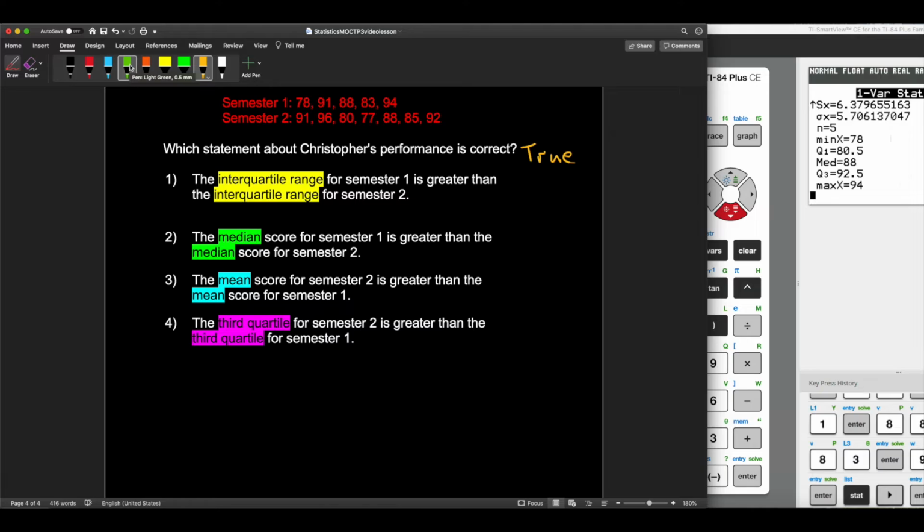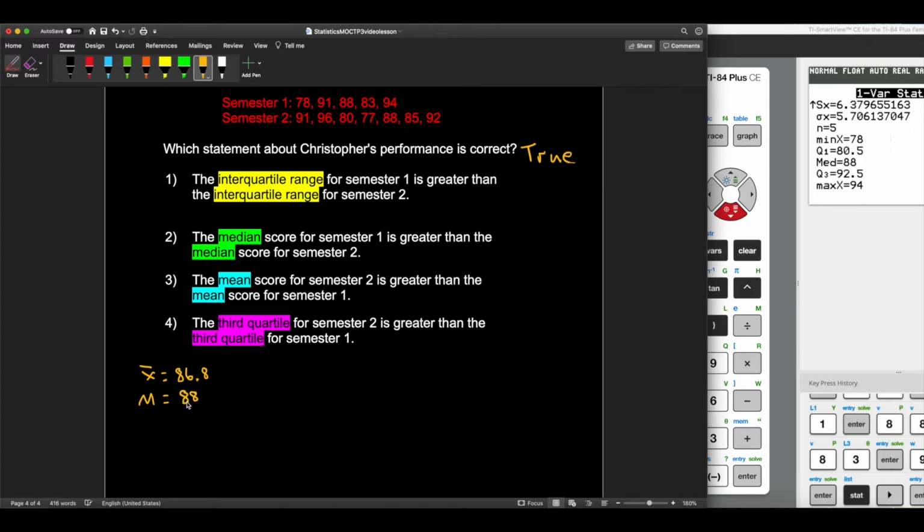And we said the mean was 86.8. I know I tried to pick green. That's all right. 86.8. Your median, I'll do green on the next one. Median is 88.